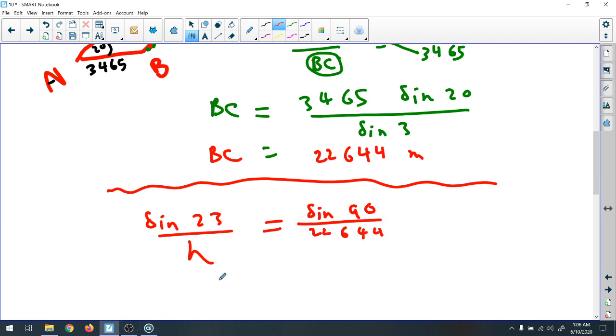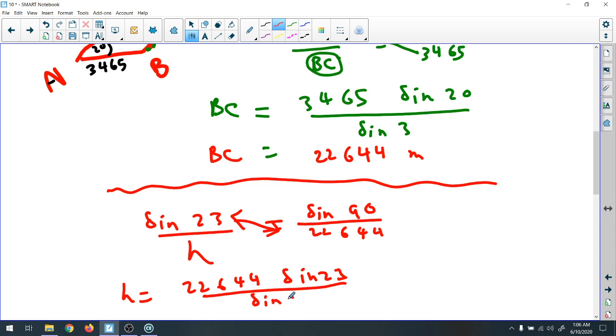So let's calculate that. How to calculate that? Cross multiply. So h equals 22,644 times sine 23, divided by sine of 90. You could make it just 1 because sine of 90 is 1.